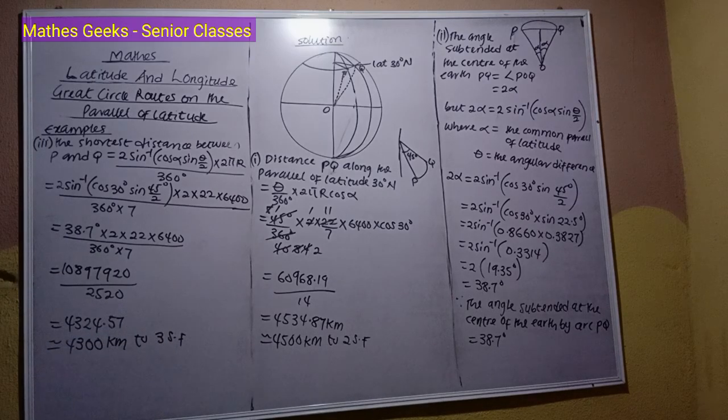So the shortest distance between P and Q is 4,300 kilometers to two significant figures.